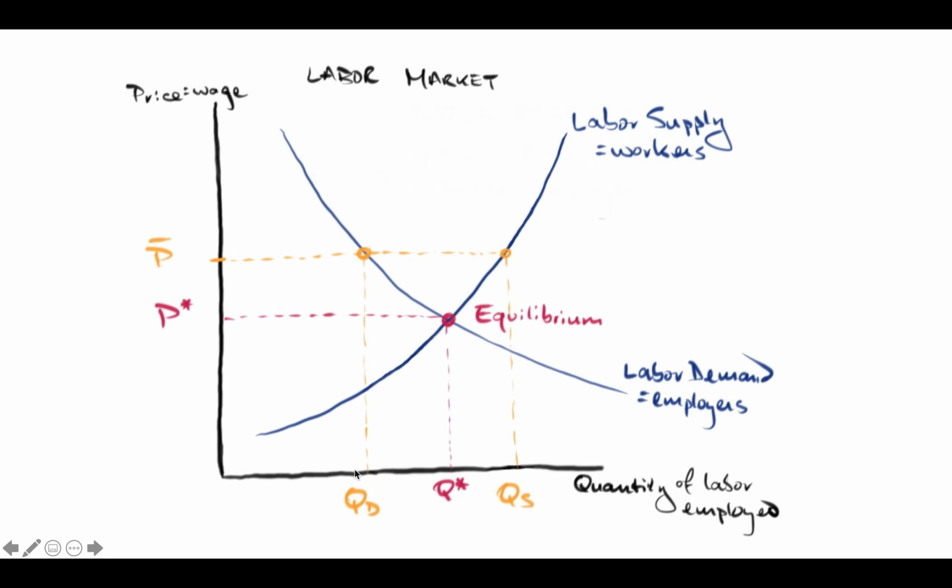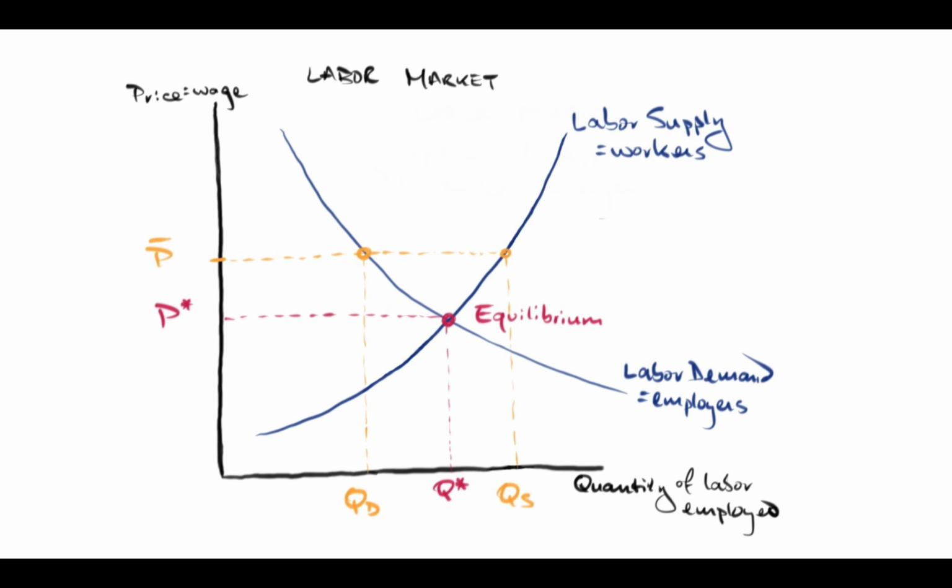Okay, so raising this minimum wage or setting a minimum wage above the market equilibrium would distort labor decisions. More workers would want to find jobs, but employers would not hire as many workers. Remember, in equilibrium, everyone who wanted a job could find a job.